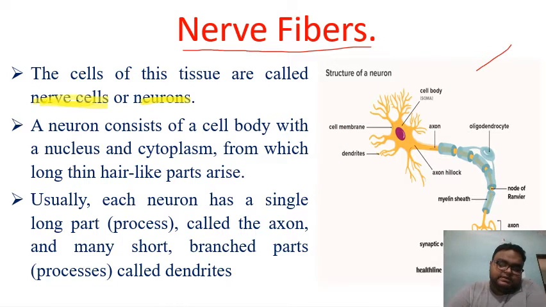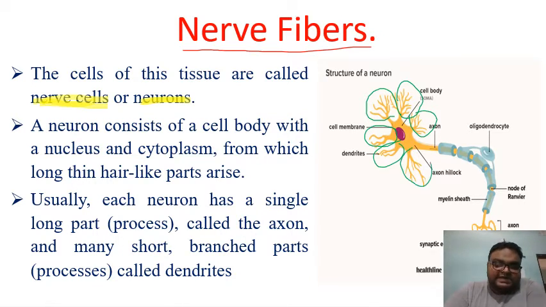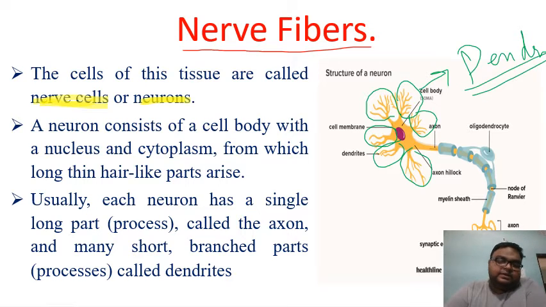So these tree-like branches that you are seeing here are called dendrites.